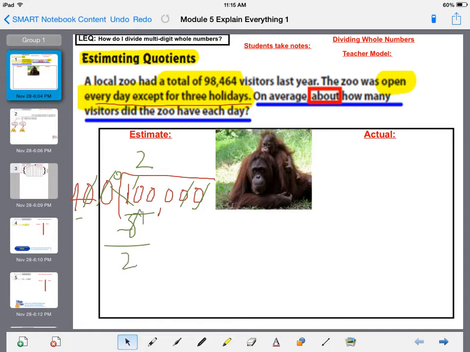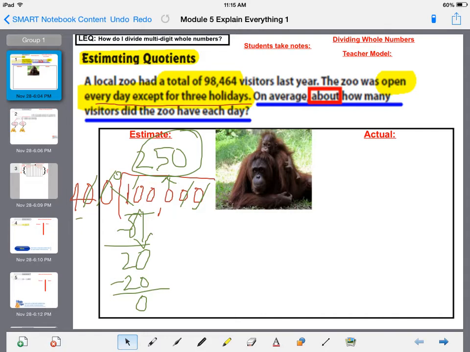We bring down this 0, and 4 goes into 20 5 times, and that will give us 20. And then we're left with one more 0 that we can bring up. So our estimate is going to be about 250 visitors, and that's what the zoo had each day on average.